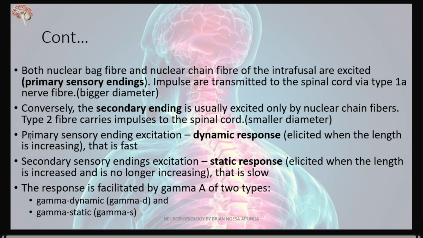But as you've seen, we have two types of fibers: the primary sensory and the secondary, depending on the areas of the intrafusal. The primary sensory ending, upon excitation, if you are supposed to have some motor reply, we are likely to get a dynamic response. A dynamic response is only elicited when the length is increasing, and that is fast.